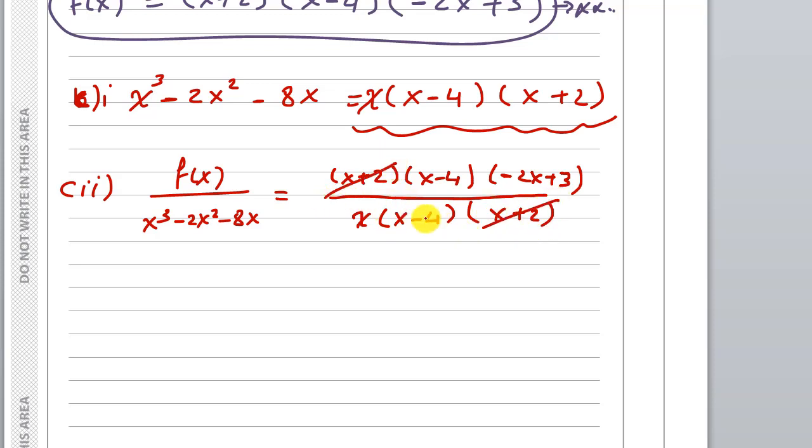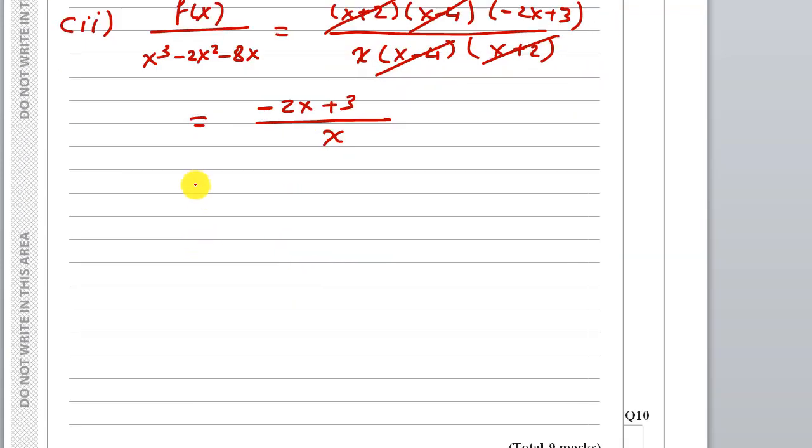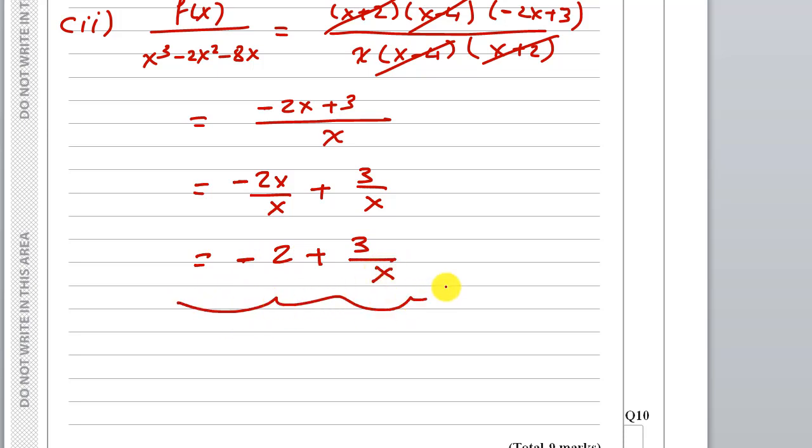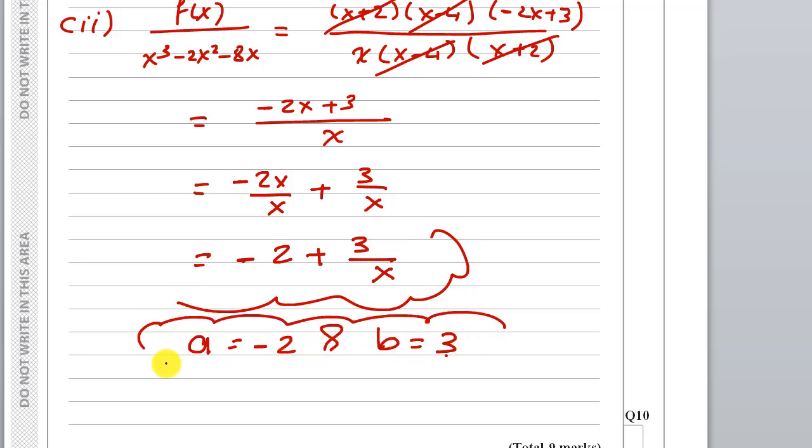This x plus 2 with this part, x minus 4 with this part, so the remaining is minus 2x plus 3 divided by x. So it's equal to minus 2x divided by x plus 3 divided by x, so it's equal to minus 2 plus 3 divided by x. And this is the answer of the question. So A is equal to minus 2 and B equal to 3. This is the answer of this part. Okay, let us go ahead to another question.